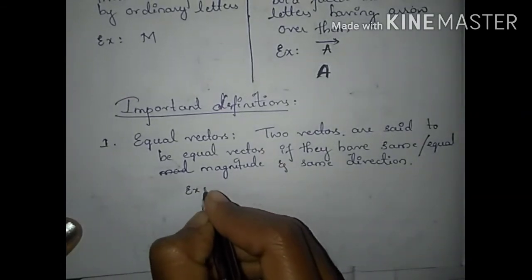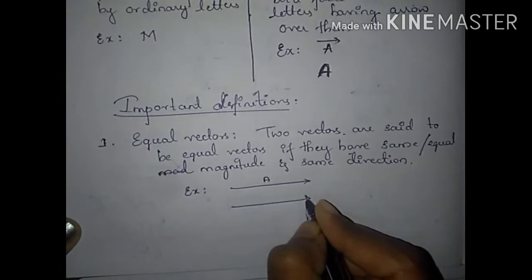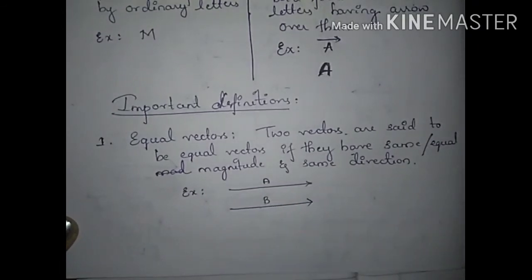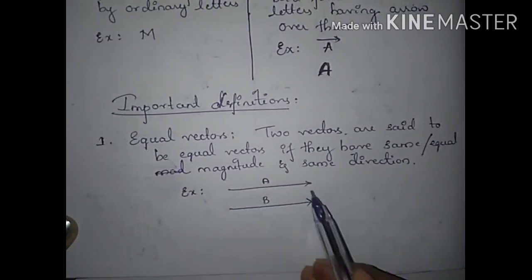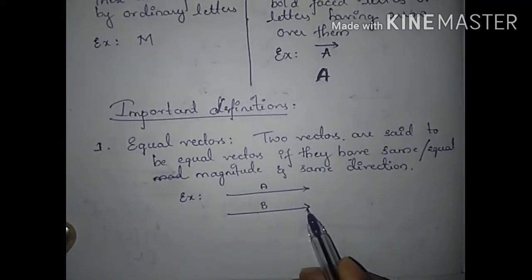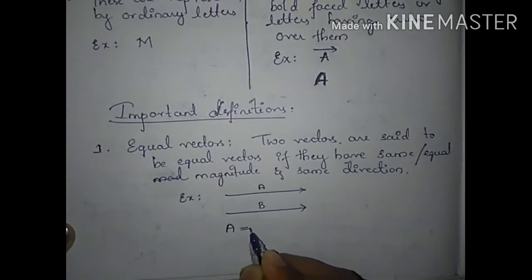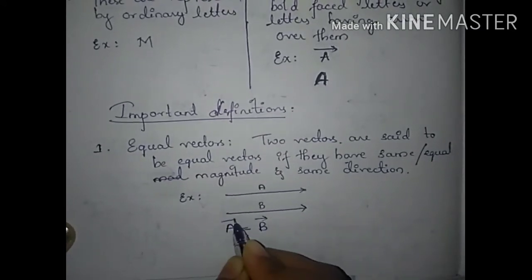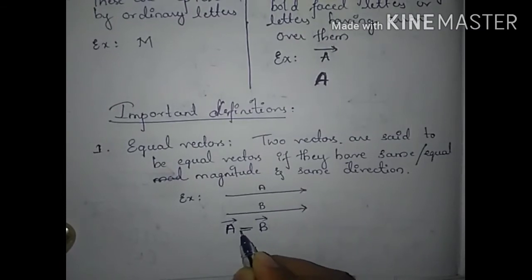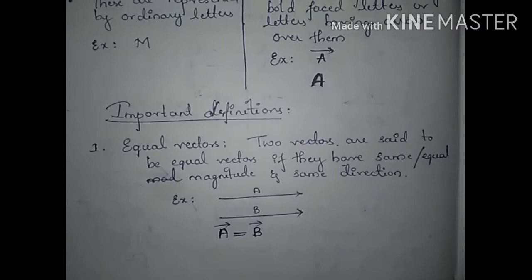Let's say an example. There is a vector A and vector B. These two vectors which are shown here are equal vectors because they have the same magnitude and same direction. So here I can represent them as A equals B. So this is for equal vectors.